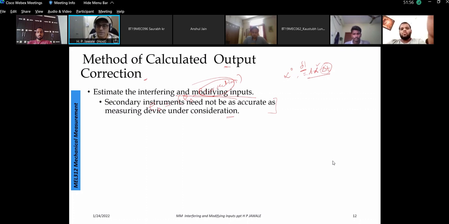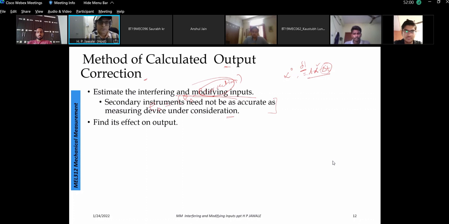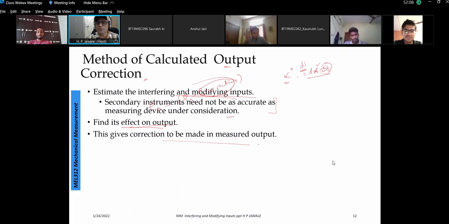I need not use a very standard instrument every time, right? So its effect on the output is found out, and then we can apply the correction to the measured output.